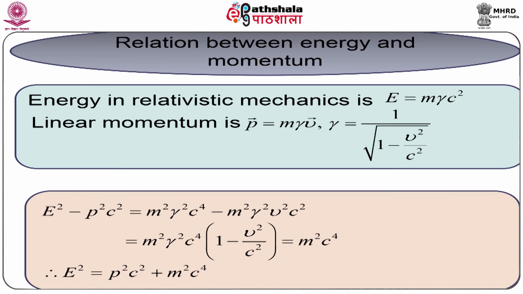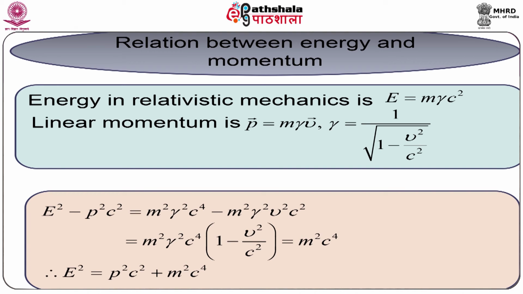Let us calculate capital E square minus p square c square. Let us substitute the value of E and p, then we get this result. After some simple calculation, we get this one.